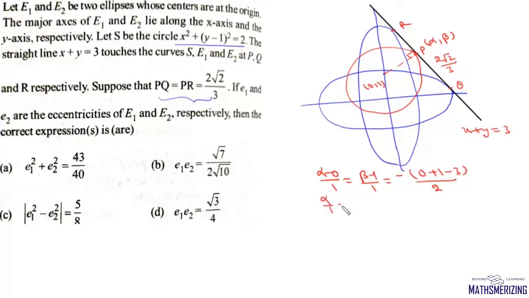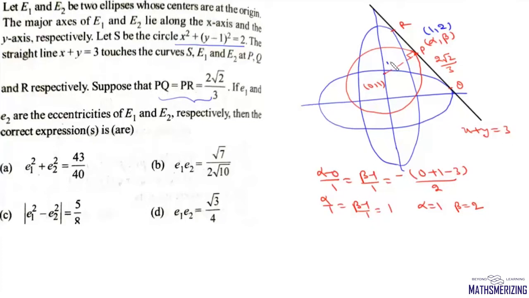So we'll get alpha upon 1 equals beta minus 1, and this value will be equal to 1. So the value of alpha is 1 and the value of beta is 2. So the coordinate of this point P will be (1, 2). So we have the coordinate of P now.